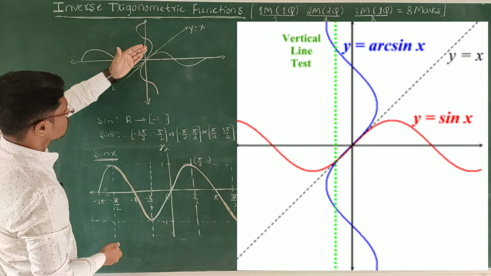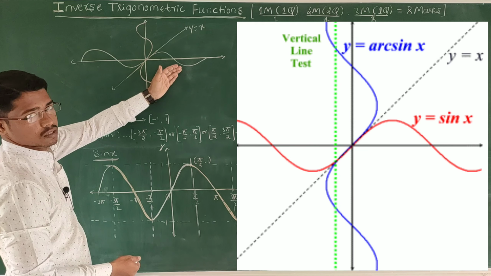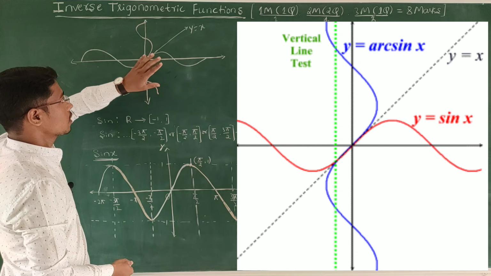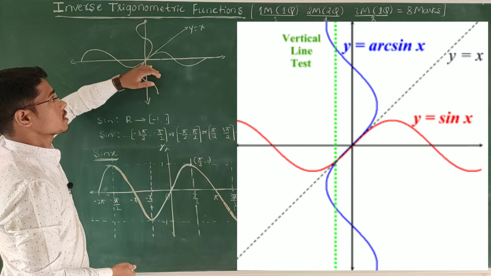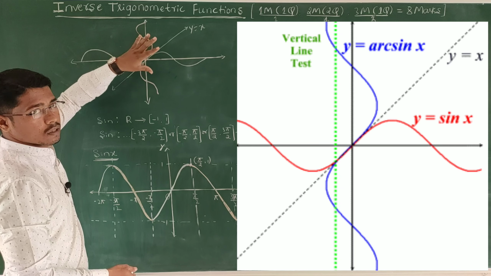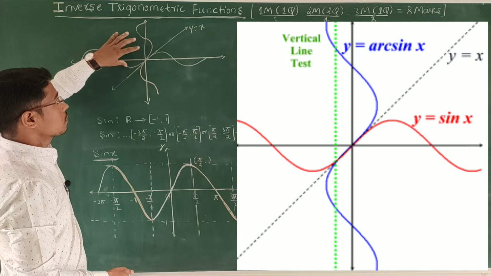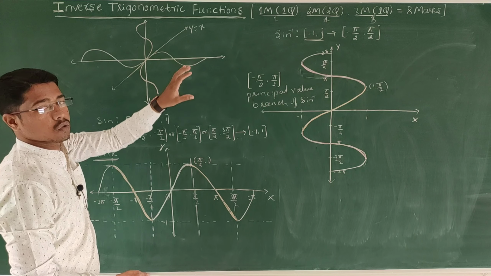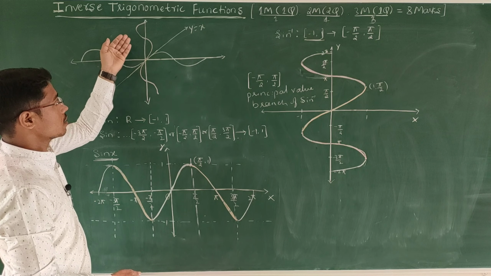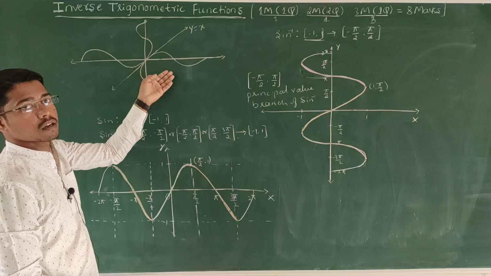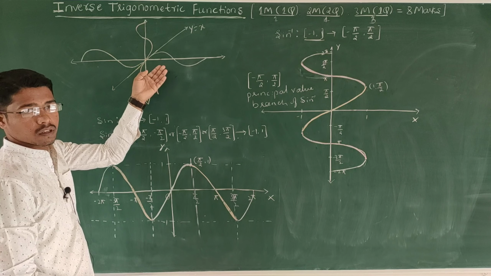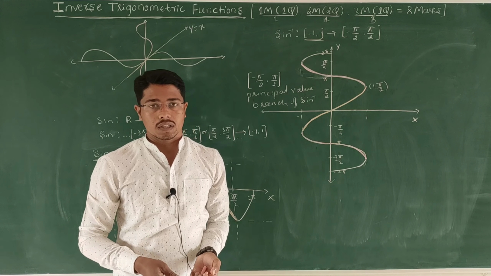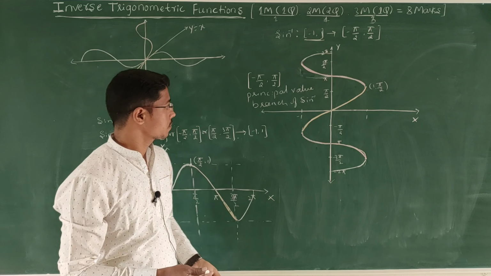Like this, this is the mirror image of this with respect to the line y equal to x. When we combine the sine function graph and its inverse, looking at both through the line y equal to x, they look like mirror images of each other. So this is about the sine inverse graph, how it exists.